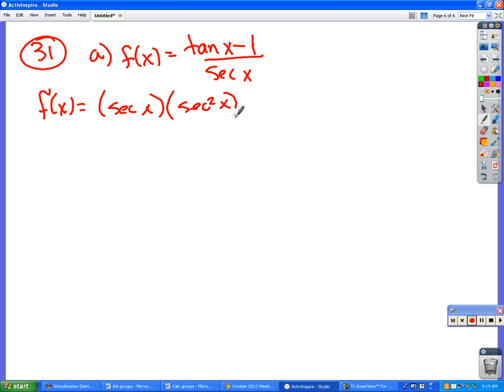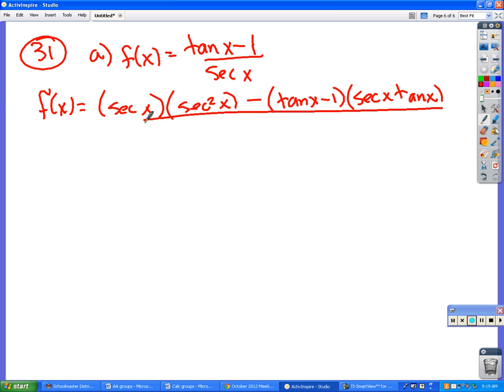Okay, so that's low d high minus high d low, which is tangent of x minus 1. D low, what's the derivative of secant? Secant x tangent x. Over the square of what's below. So secant squared of x, right?